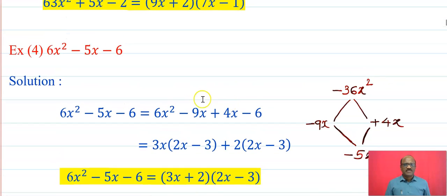Now the next example, example number 4, 6x square minus 5x minus 6. Now the product of first and last, which is minus 36x square. What about the middle term?